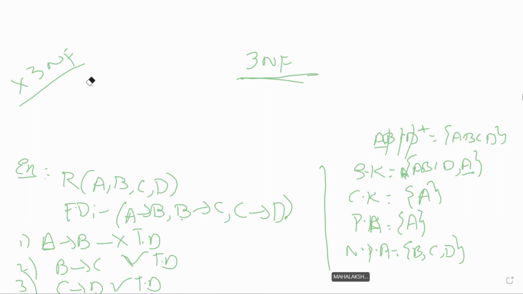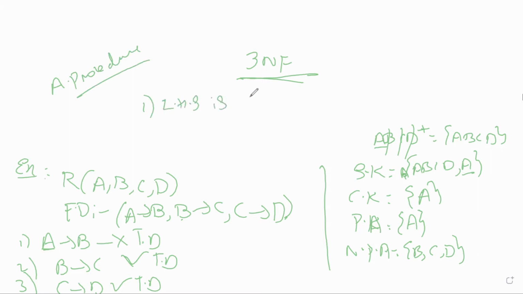So the alternative procedure is: LHS is a super key, or RHS is a prime attribute.